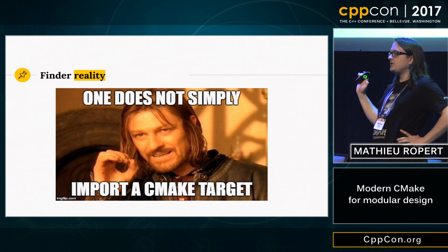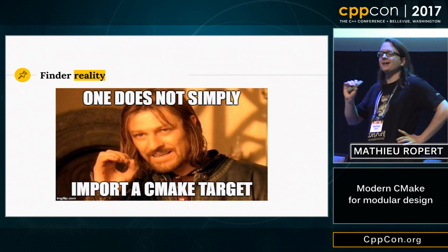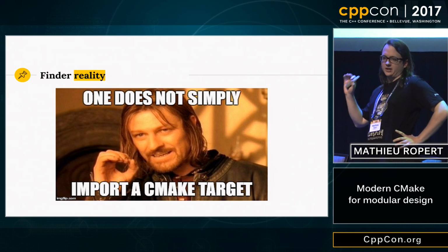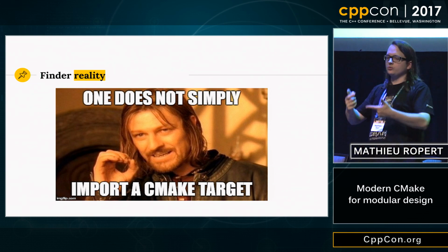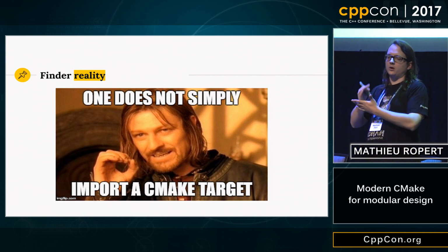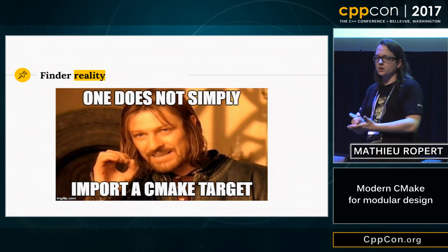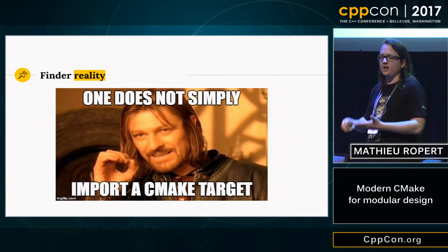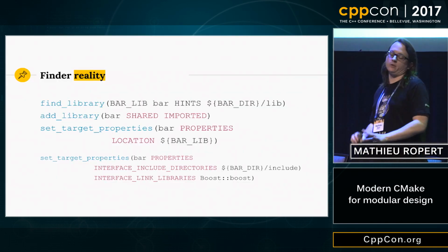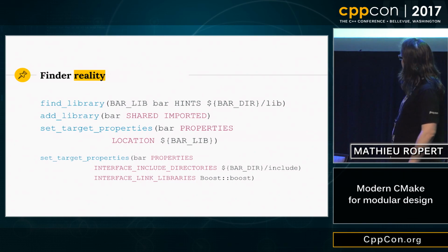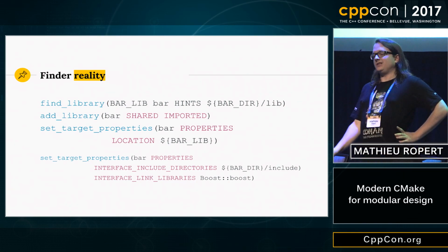Fortunately, it's only a wrapper. The target_whatever is just a wrapper. It's just telling CMake, go to the list of variables that are defined in my package and set some values. So you can do it by hand. I won't say it's pretty, like you can see, but it does the job.